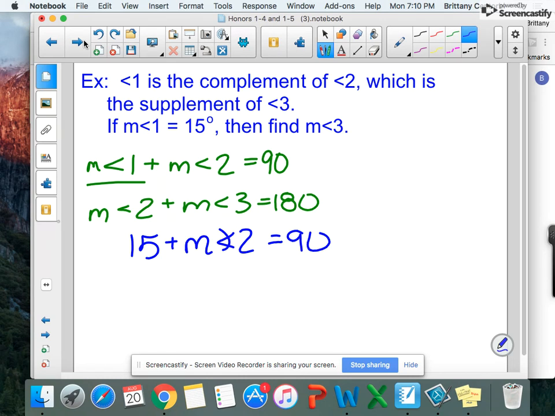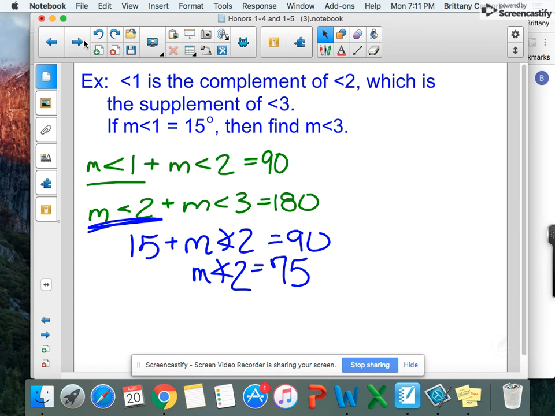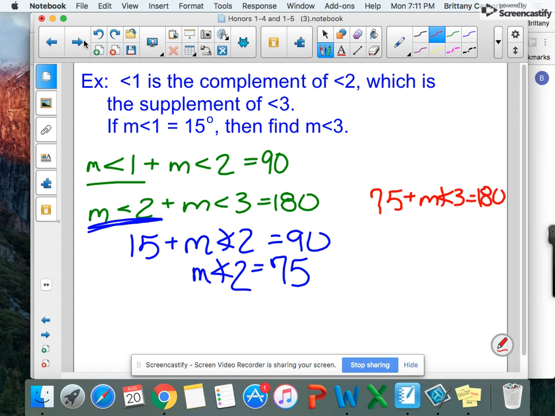When we subtract 15 from both sides, we get that the measure of angle 2 is 75 degrees. Then from there, we're going to take angle 2 and plug that in the second equation. So 75 plus the measure of angle 3 equals 180. If we subtract 75 from both sides, we get that the measure of angle 3 equals 105 degrees.